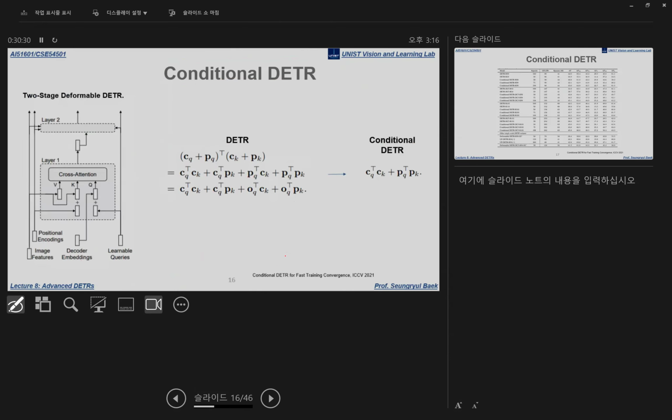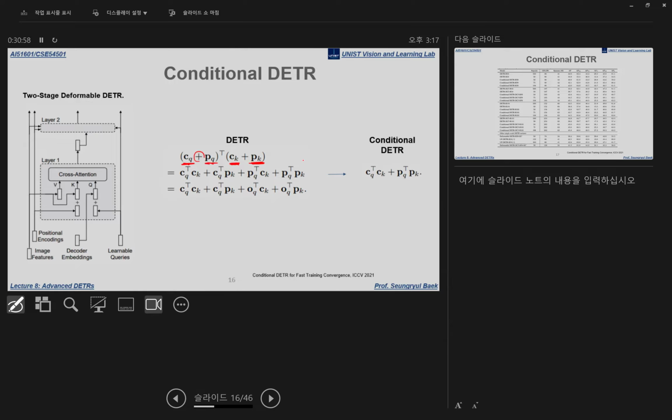And why we concatenate both is because of what happens when we add the positional vector with the content vector. This is the content query, and this is the positional query. This is the content key and positional key.